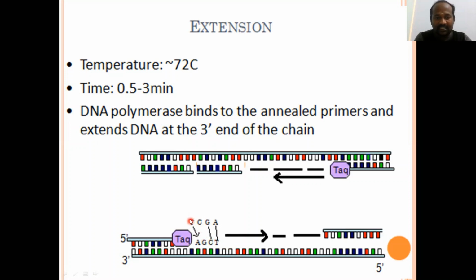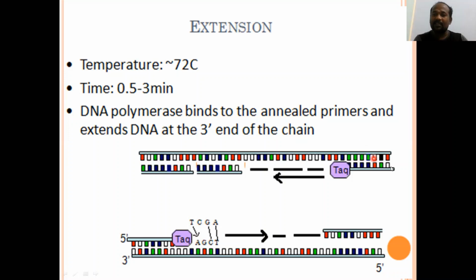So you can see this thymine dNTP is added and attached with the adenine of the complementary DNA of interest. Then next the guanine is attached with the cytosine of this complementary DNA sequence. Accordingly, the primer extends or elongates until the new DNA fragment is synthesized.